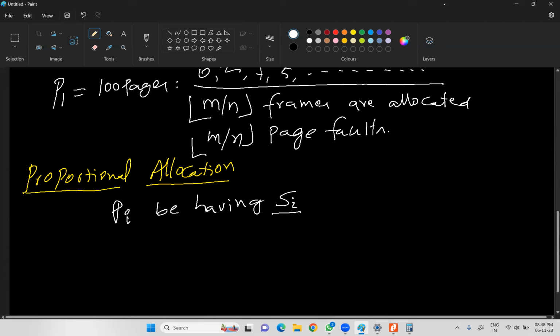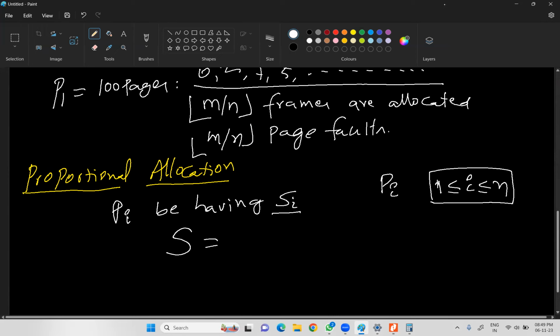Therefore, the total virtual memory to be allocated across processes will be capital S, equal to the total over all i, where 1 is less than or equal to i is less than or equal to n. So n number of jobs are there, and each job requires small si.